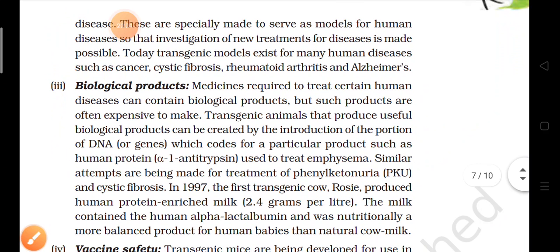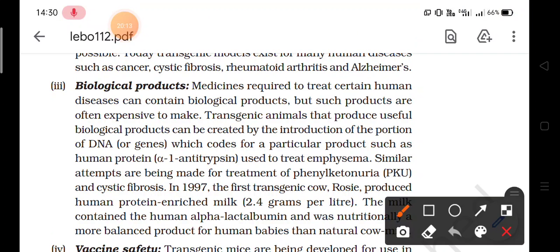Next is biological products. Transgenic animals provide many medicines, which are helpful in curing many diseases in humans. Treating certain human diseases requires biological products given by many organisms, but these products are often expensive.